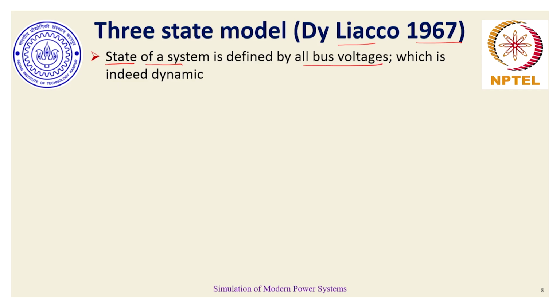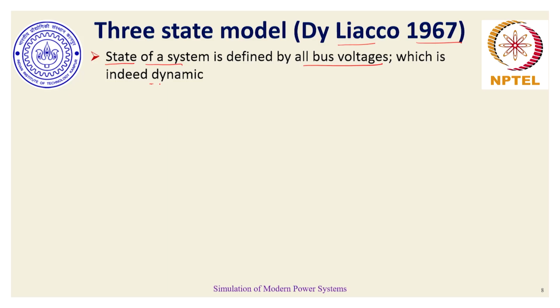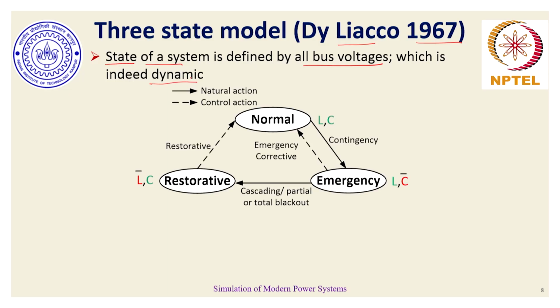Why are these called states? If we know all bus voltage phasors, then we will be able to find all other quantities, currents, injections, flows, everything for a given known network information. So, since the system is having variation, these states are also not constant, they are also dynamic. And Dy Liacco stated that under normal condition, wherein this 3 state model comes in, both load and constraints are being met.